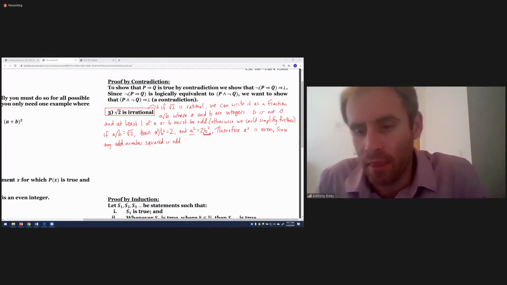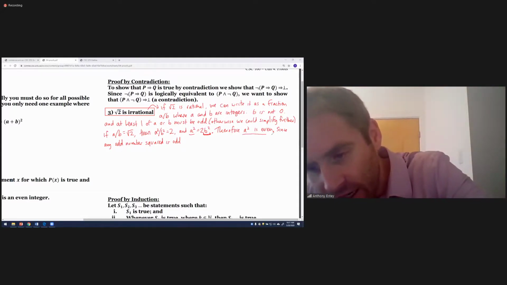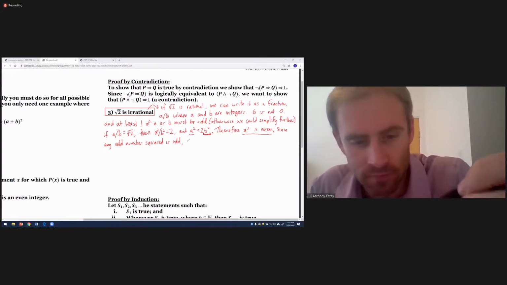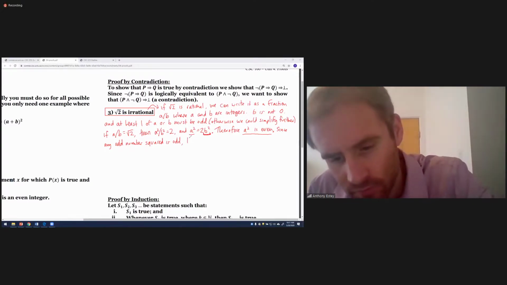So we know that if a squared is even, that means that a itself is also going to be even.